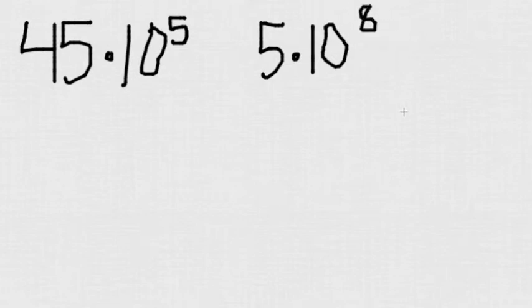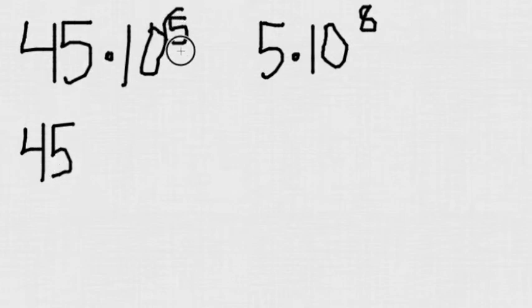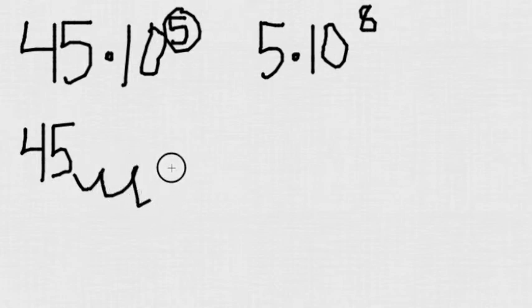Okay, and I'll give you a couple seconds to figure out your answers for those. Okay, hopefully you have them by now. So the first one would be, obviously you start off with the 45, and then since it is a 5 as the power, we'd move the decimal point 5 times. 1, 2, 3, 4, 5.